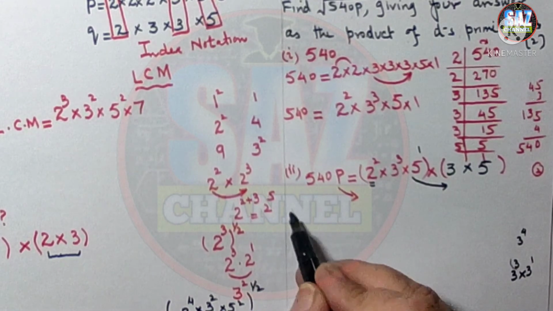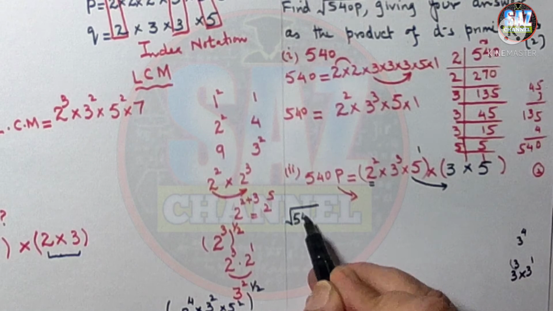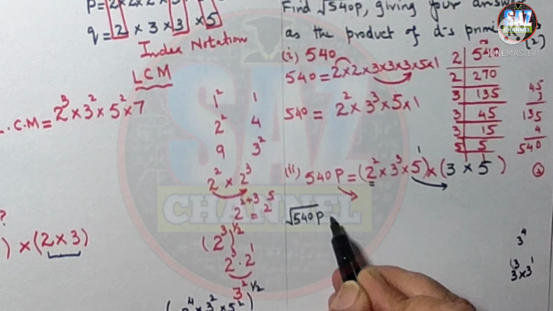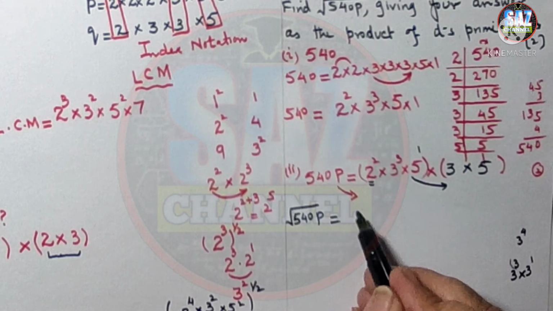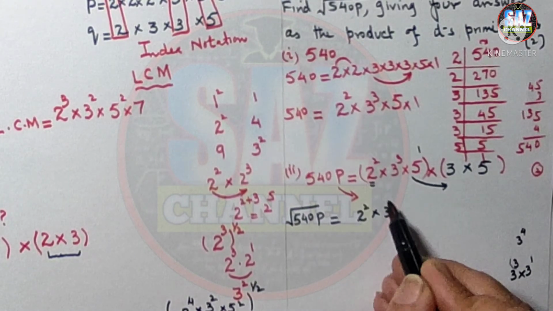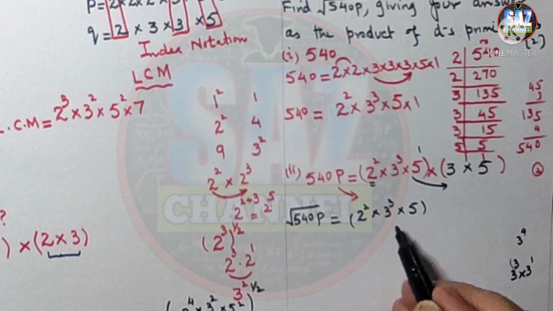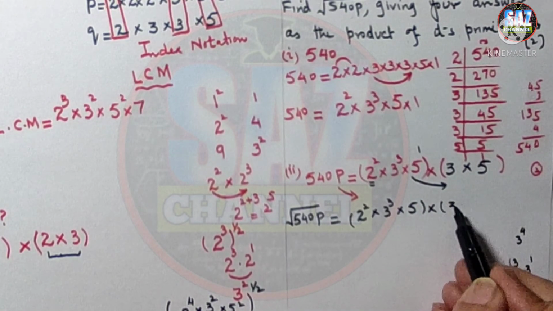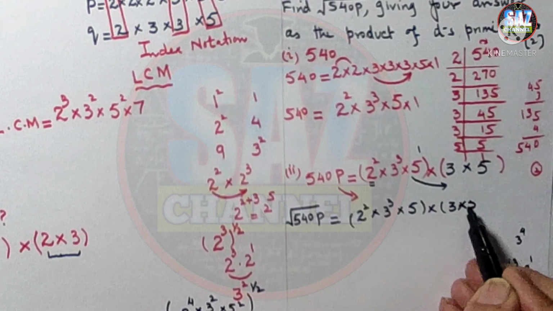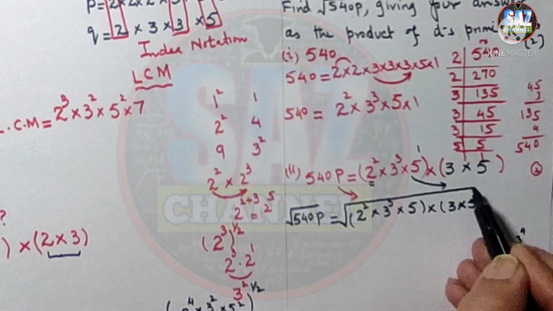And now the requirement is square root of 540p, and for that purpose we first write the actual value multiplied by 3 multiplied by 5, and this is the value of p, 3 multiplied by 5. Then we keep this whole value under the square root.